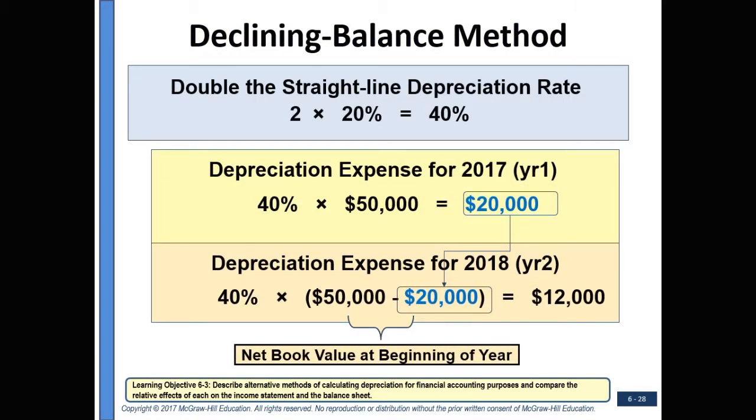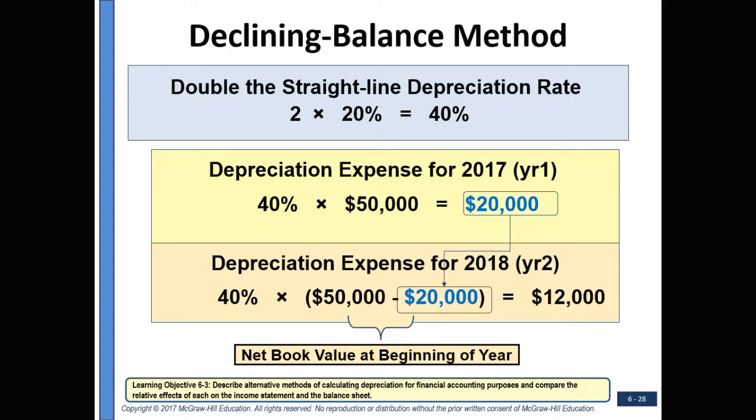Depreciation expense for 2018 is calculated by first calculating the book value of the asset at the beginning of 2018. So this is $50,000 minus $20,000, which equals $30,000.